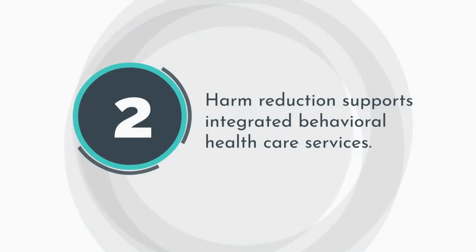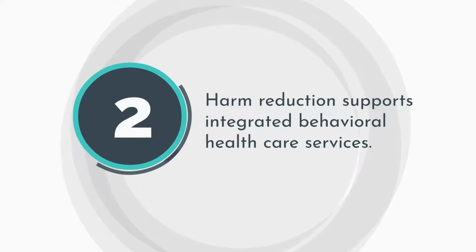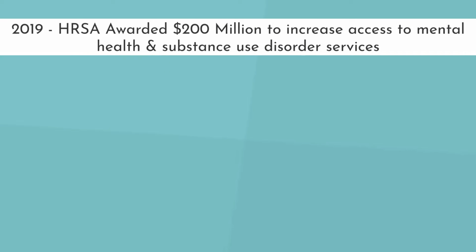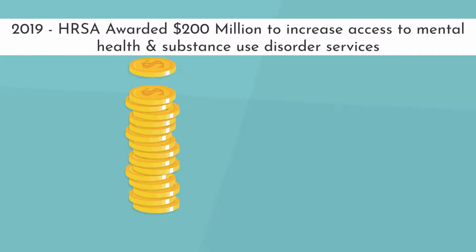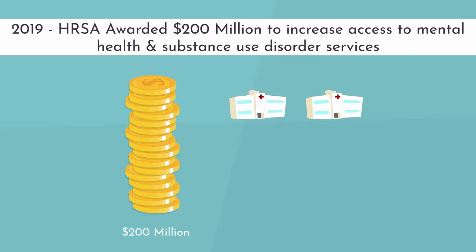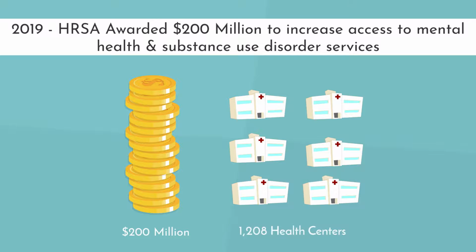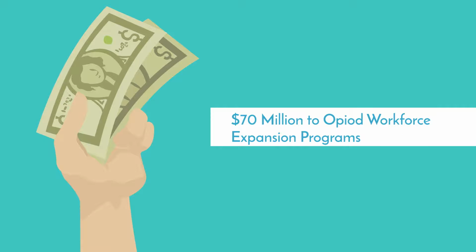Fact 2. Harm reduction supports integrated behavioral health care services. In 2019, the Health Resources and Services Administration, or HRSA, awarded nearly $200 million to increase access to mental health and substance use disorder services at 1,208 health centers. HRSA also awarded nearly $70 million to opioid workforce expansion programs in 2019.